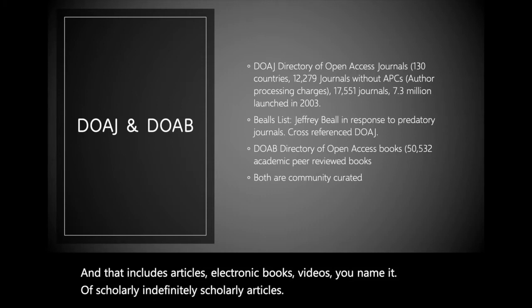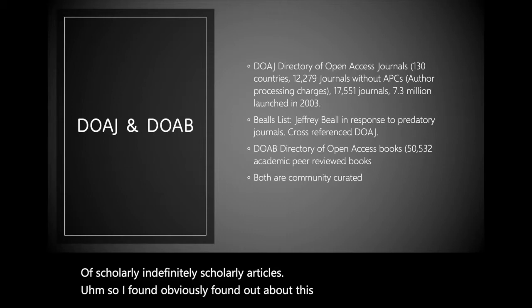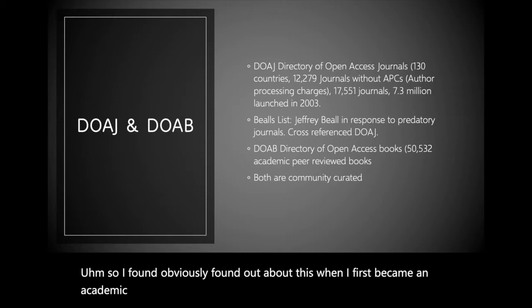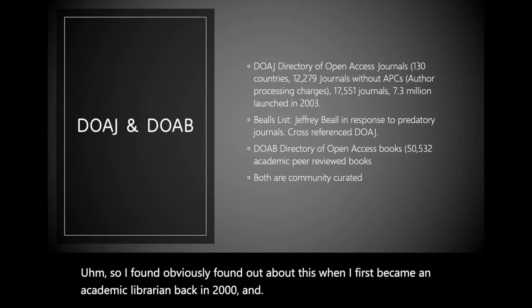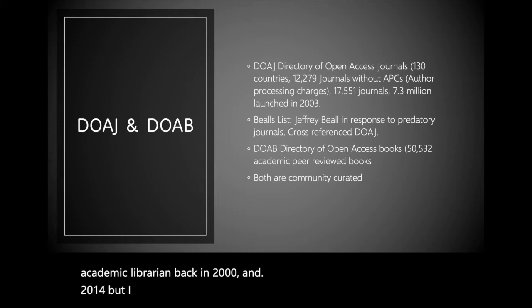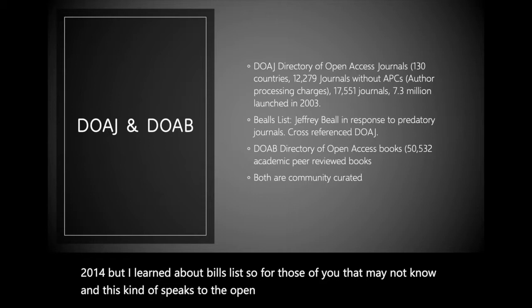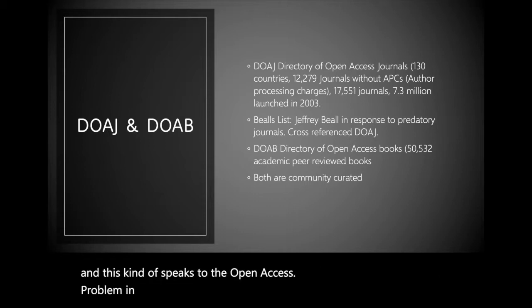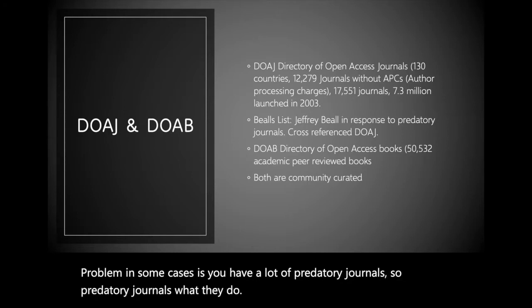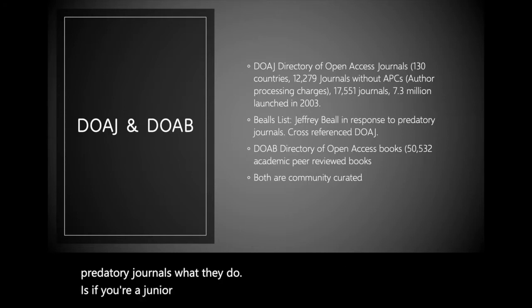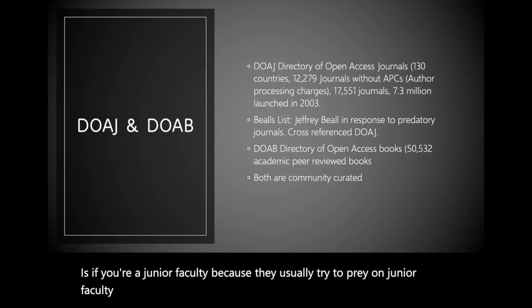I obviously found out about this when I first became an academic librarian back in 2014. But I learned about Beall's list. For those of you that may not know, this speaks to the open access problem in some cases, which is that you have a lot of predatory journals. Predatory journals usually try to prey on junior faculty because you're going through the tenure process.